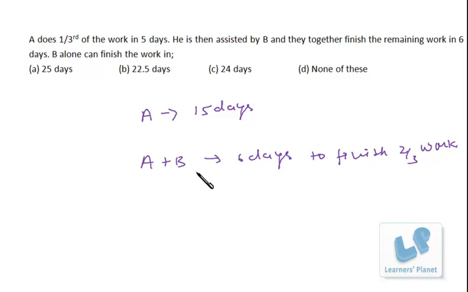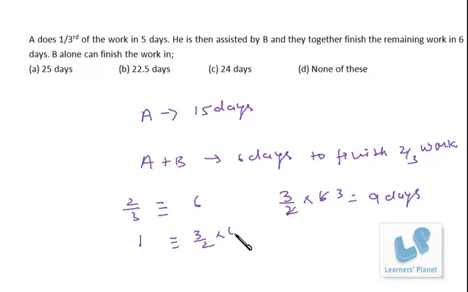That means A and B will be taking 9 days to finish up the work. That means for 2/3 work they are taking 6 days. That means the complete work they will be taking 3 by 2 into 6, that is 9 days.